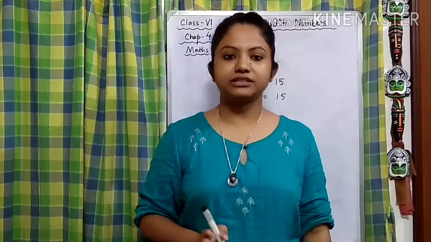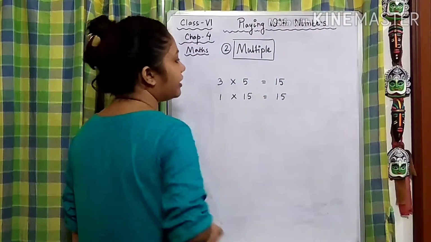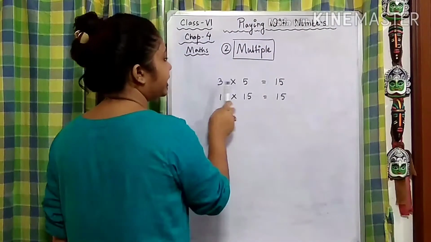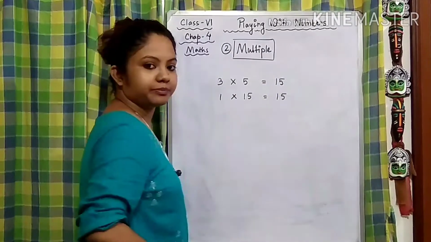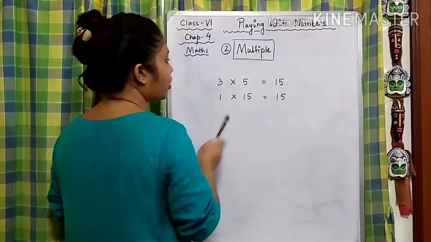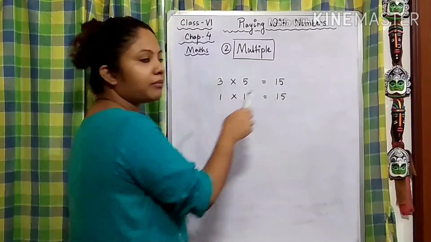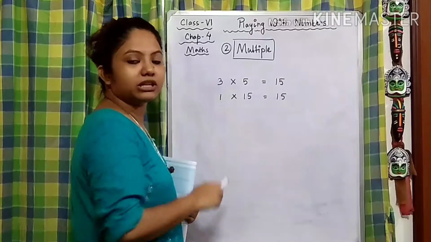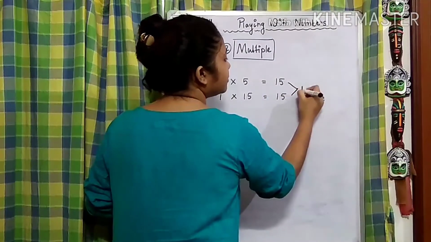After factors, it is time for multiples. Once again I have taken the same set of numbers: 3 into 5 giving 15, 1 into 15 giving 15. We already know that 3, 5, 1, 15, all these 4 numbers are the factors of this one number, 15, which is the product.